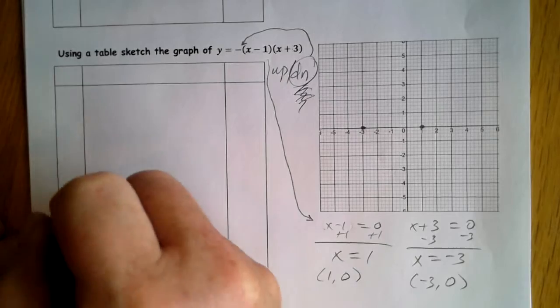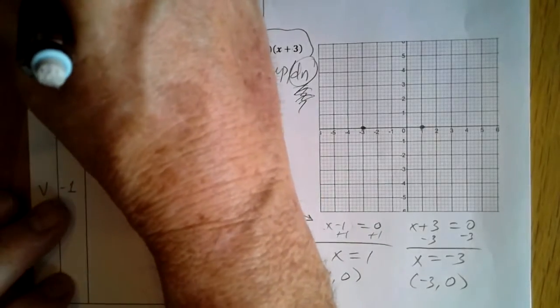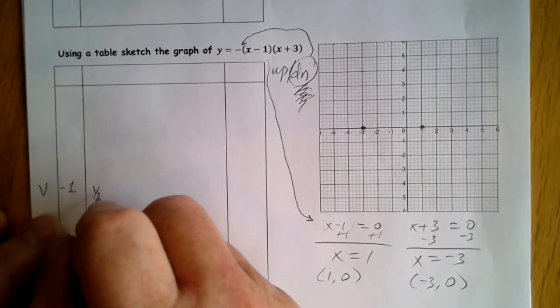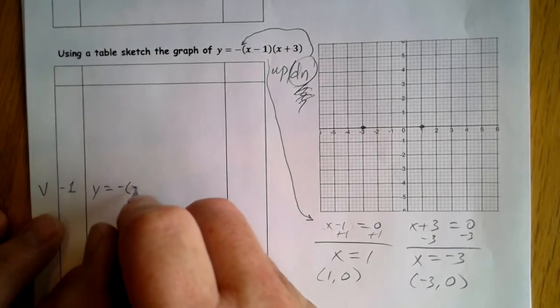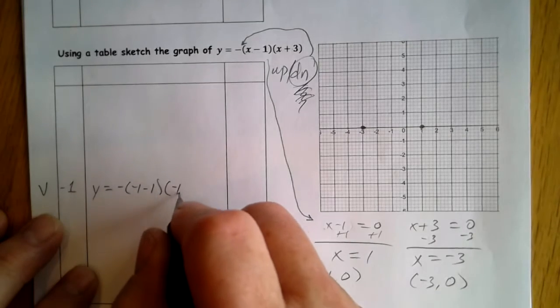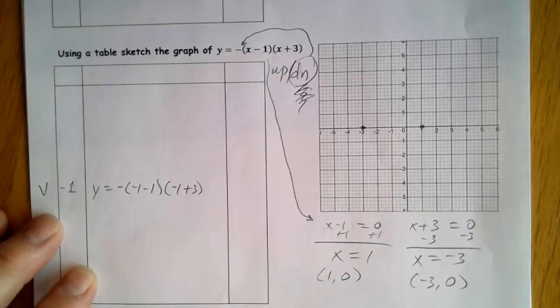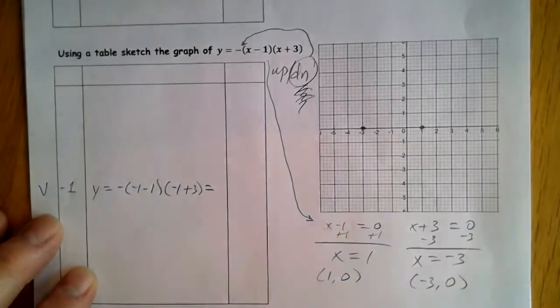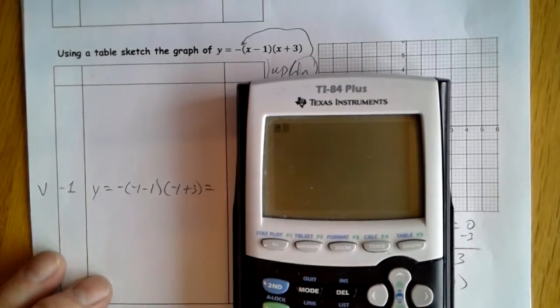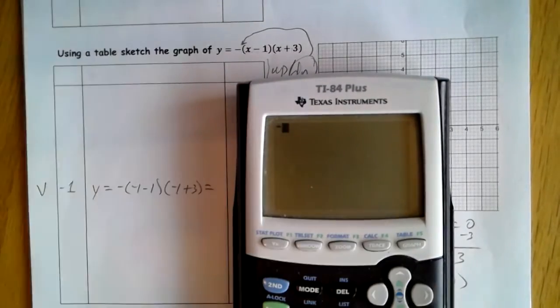So I'm going to go like this: y equals the opposite of -1 minus 1 times -1 plus 3, and I'm going to get an answer. Am I going to do all that work? No, I don't like to work hard. I like to work smart. So I'm going to use my negative key, and put a negative on my screen. Left paren, -1 minus 1, close paren, and then left paren, -1 plus 3, close paren.